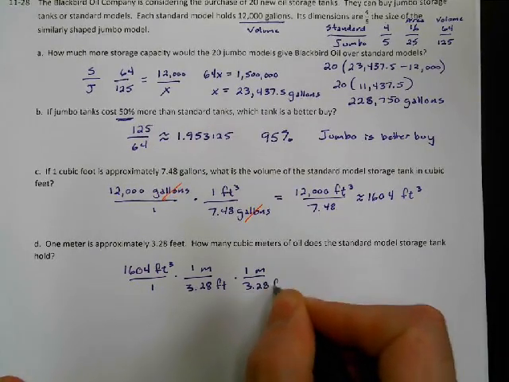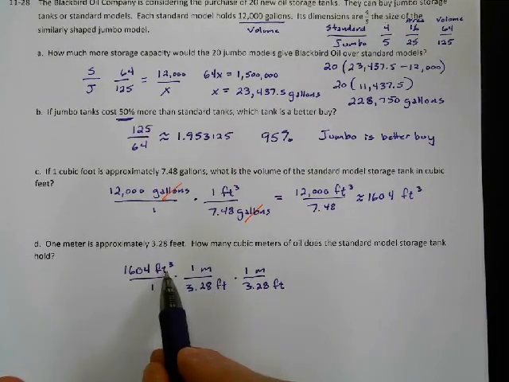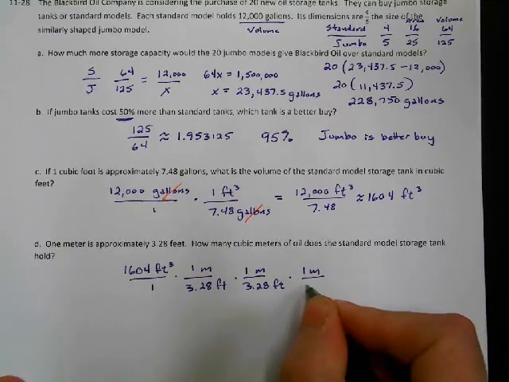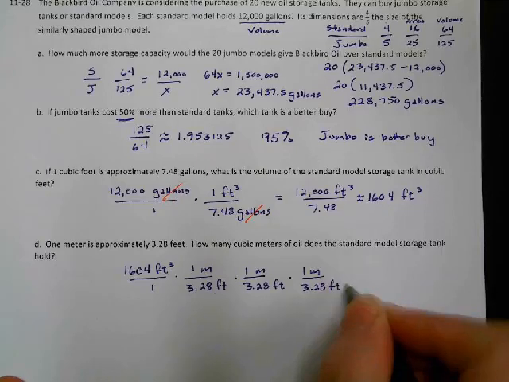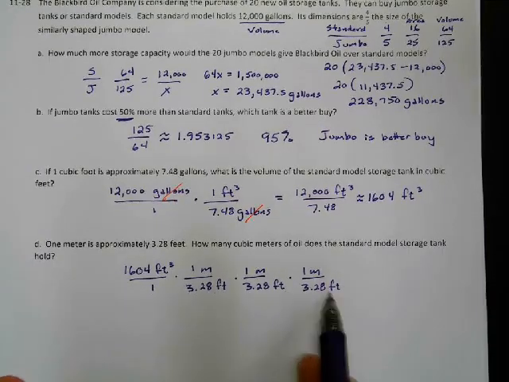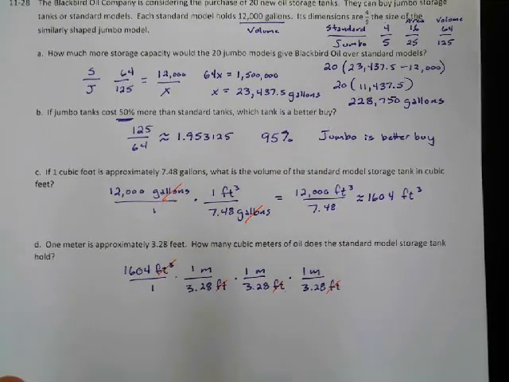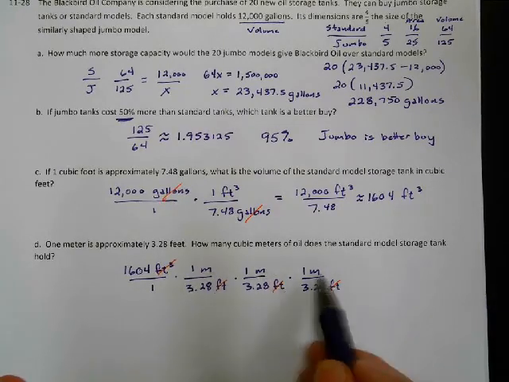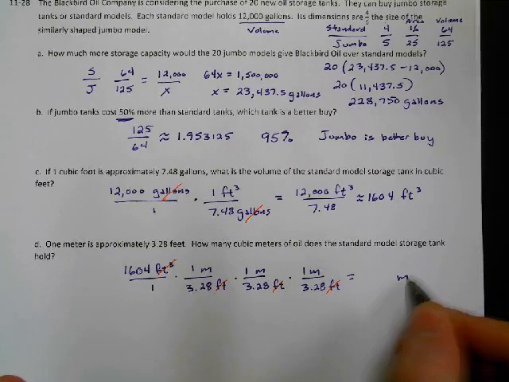Now I have feet squared, but this is feet to the third power. So I need another one. Now I've got feet times feet times feet. That's feet to the third power. So that will finally reduce the feet cubed up there. And now in my numerator, I have meters times meters times meters, which is meters cubed, which is what I wanted.